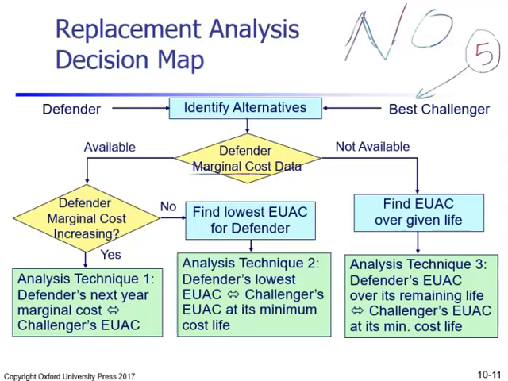Okay, we are going to follow all the routes that you see here in this map, in this flow chart. So here, defender marginal cost data available. So we have the data on the marginal cost of the defender. We exactly know if we want to use our machine for 1 more year, how much it costs us.